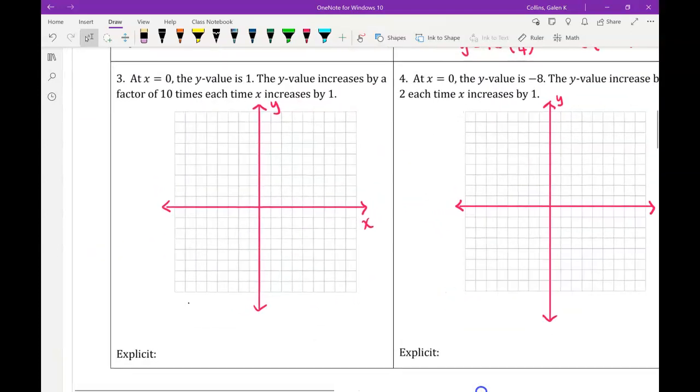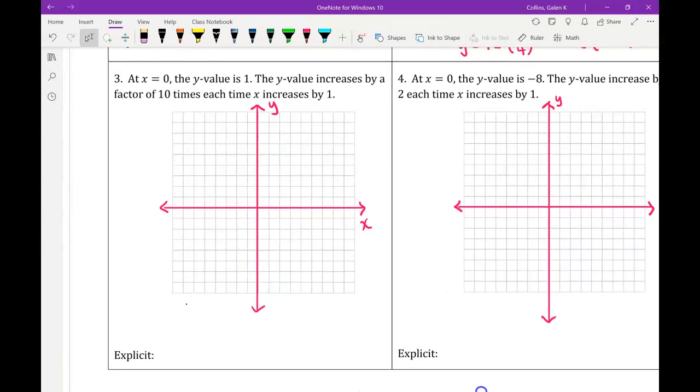All right, number 3, at x equals 0, the y value is 1, and the y value increases by a factor of 10. I think this is actually a typo. It says a factor of 10 times. A factor of 10 each time x increases by 1. So let me just see, did I even make room to count up to 10?